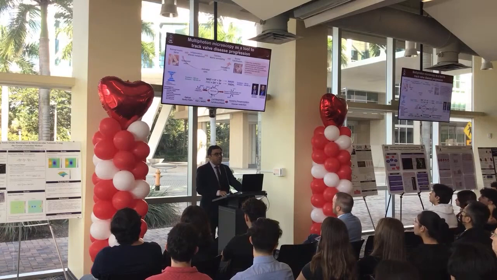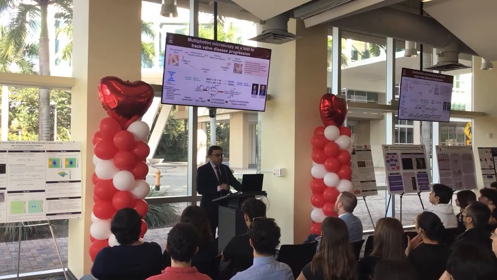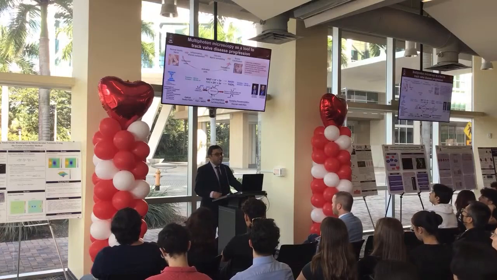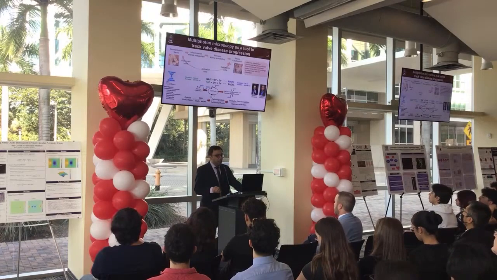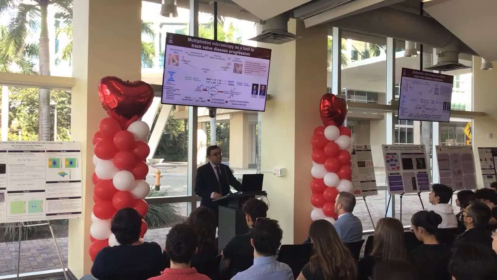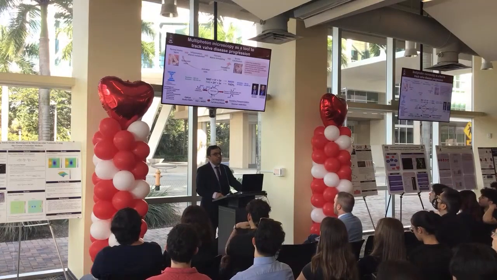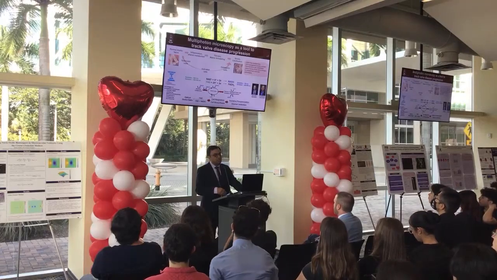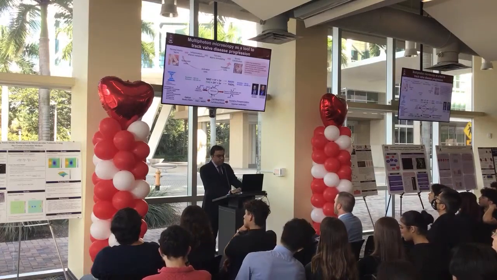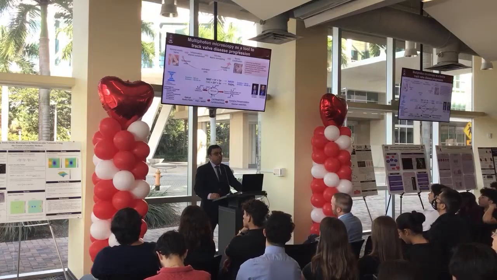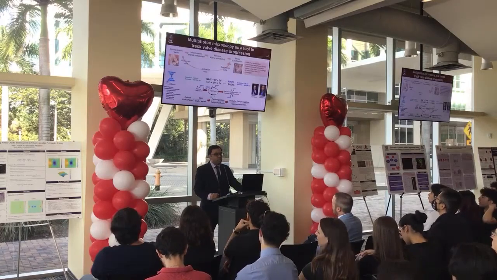And so this offers several advantages. Firstly, since it uses a longer wavelength, there's more depth penetration, and there's also less scattering of the excitation. The longer wavelength also results in reduced phototoxicity.